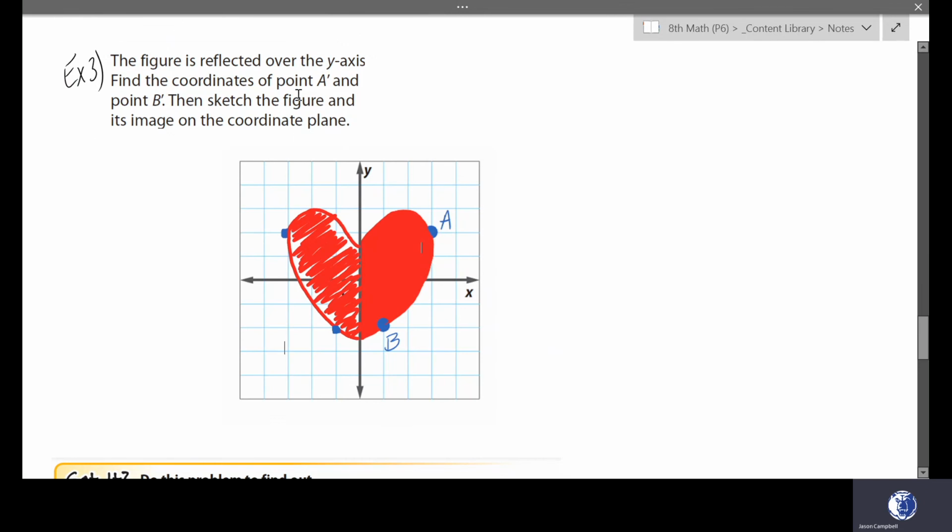It does not ask for the coordinates, but we can put them. A prime is going to be at (-3, 2), and B prime is going to be at (-1, -2).